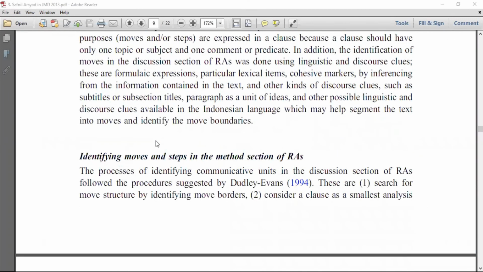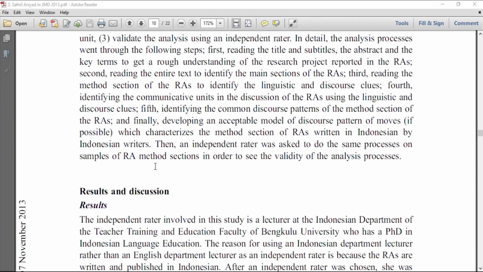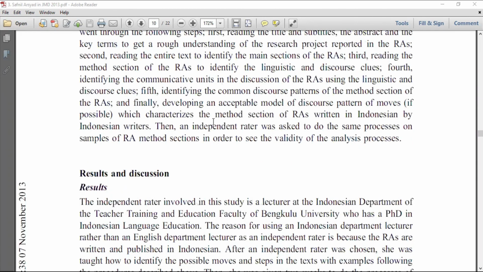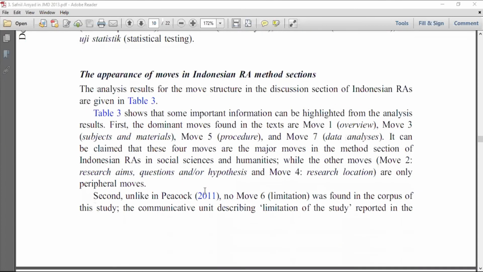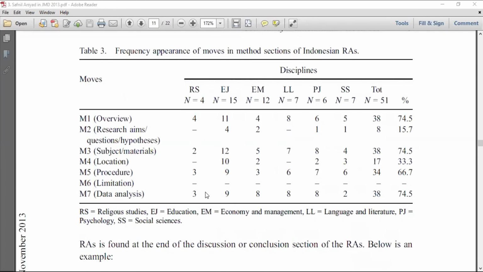Okay, and then we can start analyzing it. For you, just one article, or one chapter of your undergraduate thesis, and then display the result.